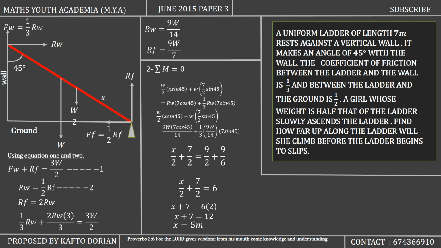Okay, then now finding the moment of the ladder. I have seen my perpendicular distance here. We're looking for the perpendicular distance from the pivot, D. This is also the D we are looking for. Applying the Z identity, you have 45 degrees.